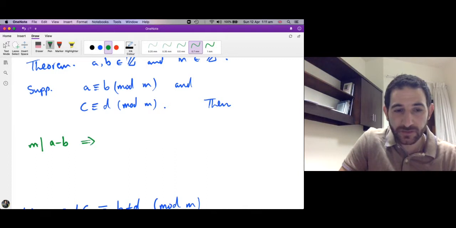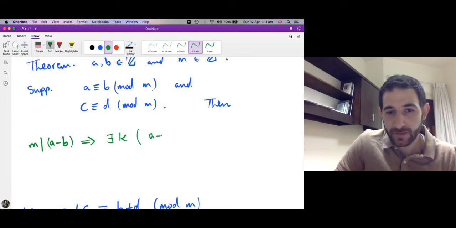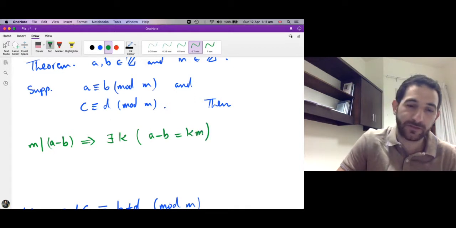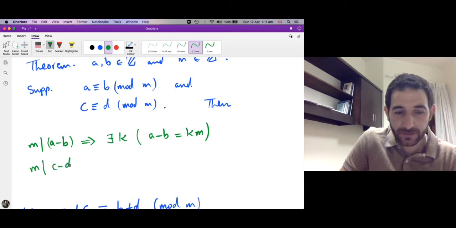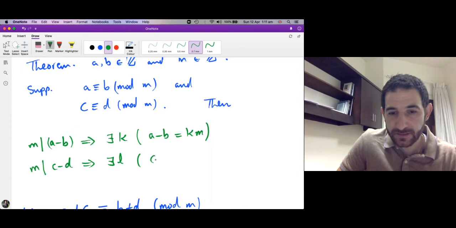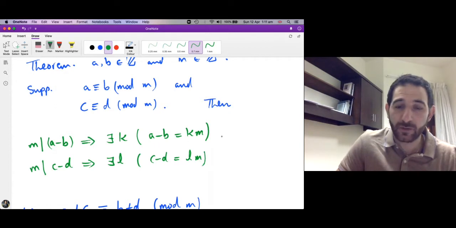And what does it mean that m divides the difference? It means there is an integer k such that a minus b is equal to k times m, right? And from the second one, we know that m also divides c minus d. And this means that there is an integer l such that c minus d is equal to l times m. So this is our hypothesis.